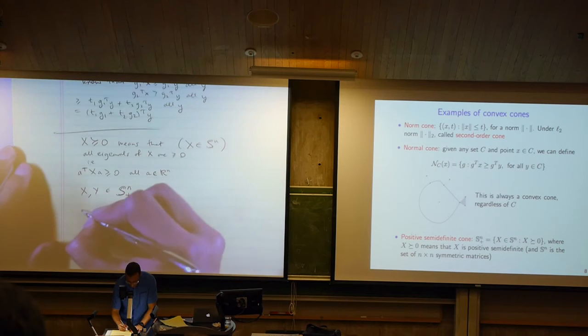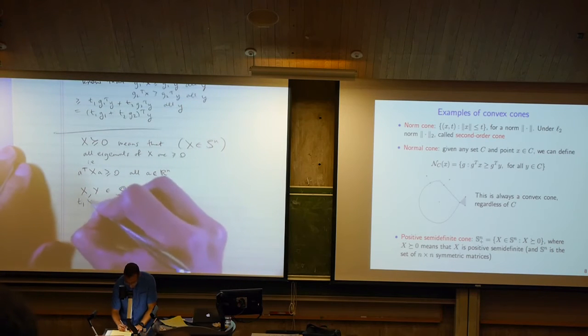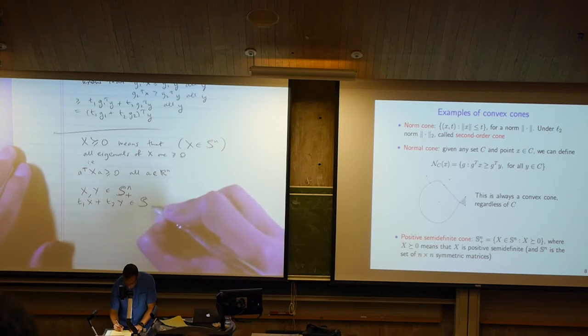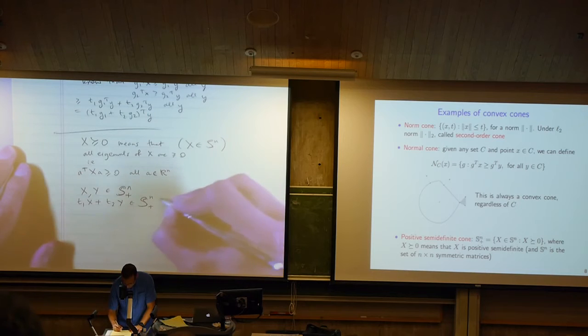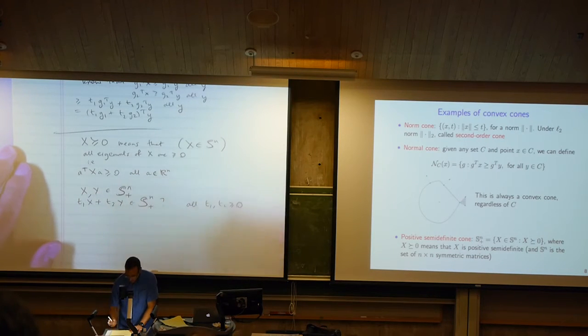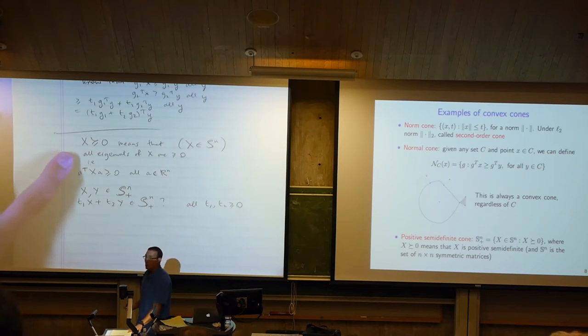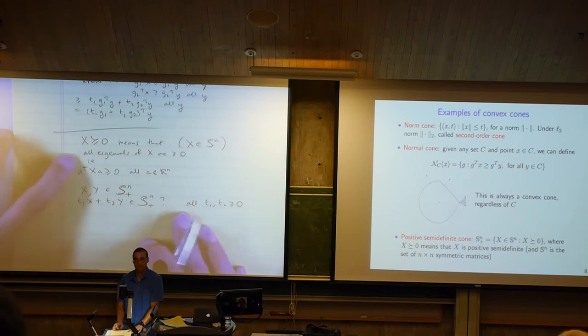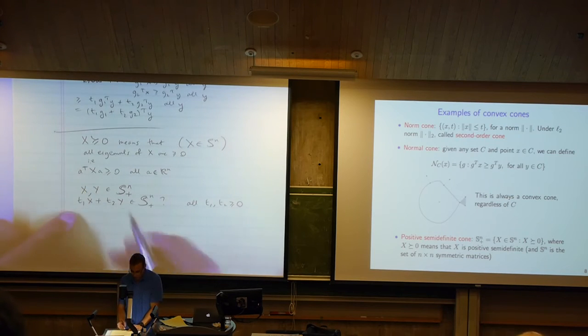Now I want to check that, let's say, t1 X plus t2 Y is also positive semi-definite for all t1, t2 bigger than or equal to 0. Okay, this one may be a bit harder to check. It requires you to know a little bit more about eigenvalues and eigenvectors, but this condition is easy to check. These are equivalent conditions for positive semi-definiteness. So we have to check that this matrix is positive semi-definite.